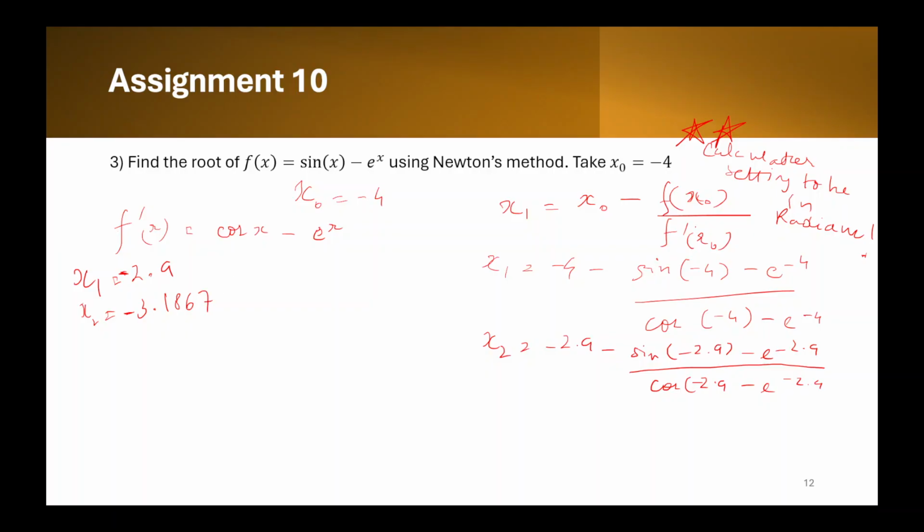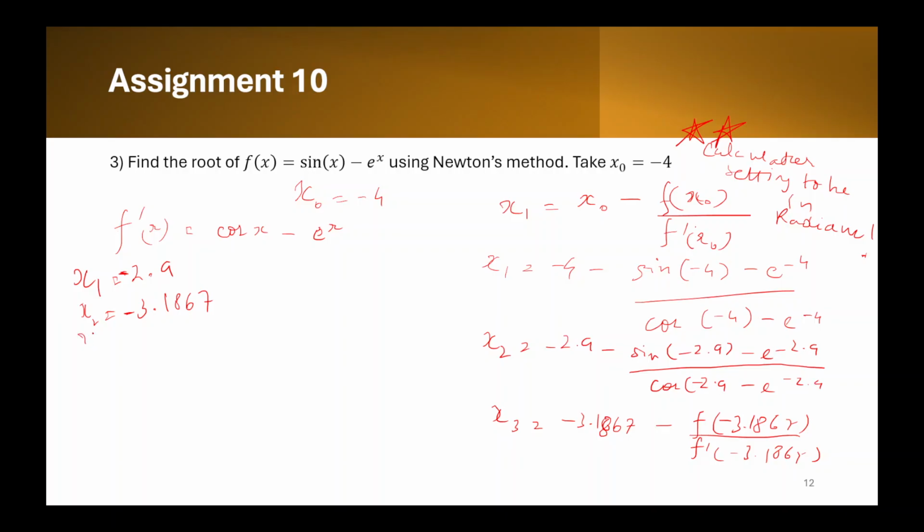For the next iteration, you put x2 in again: minus 3.1867 minus f of minus 3.1867 upon f dash of minus 3.1867, and then so on.